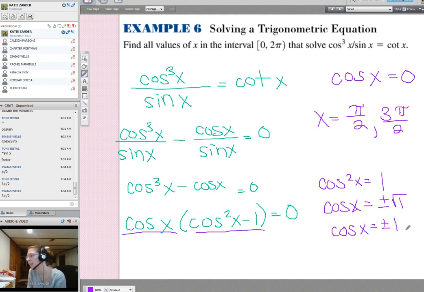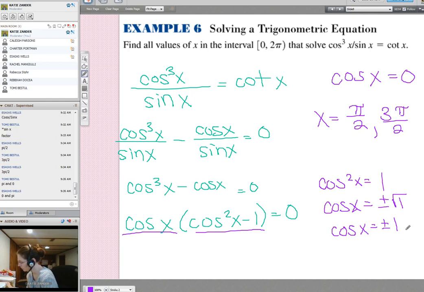So where does cosine equal a positive or negative 1 on your unit circle? Zero and pi. So we're going to add that to our options as well.